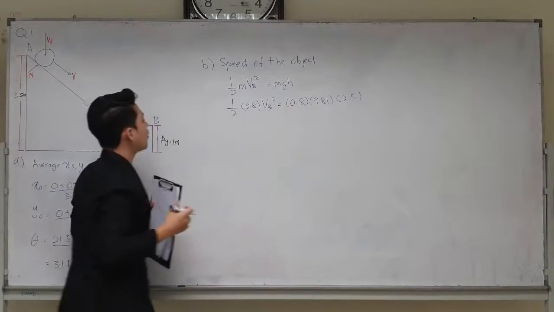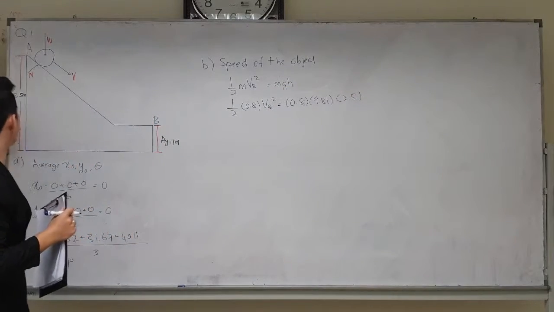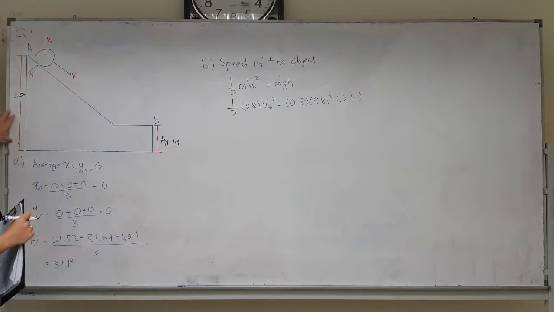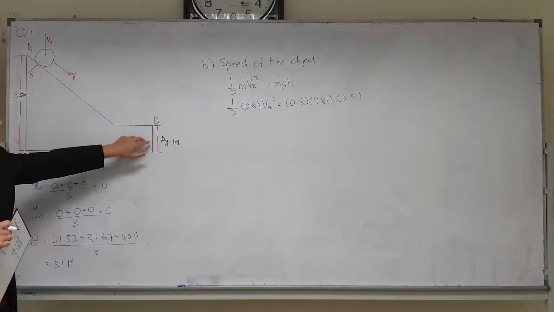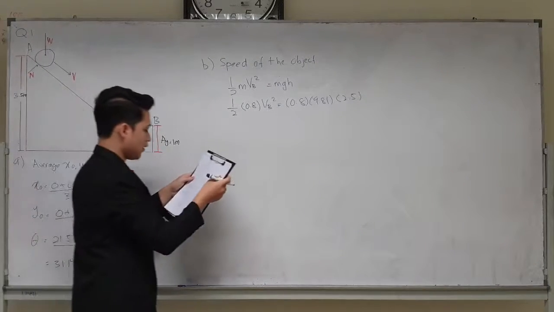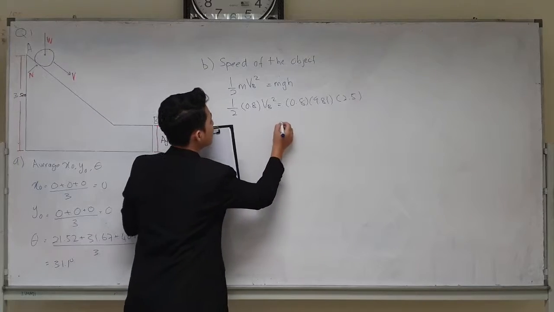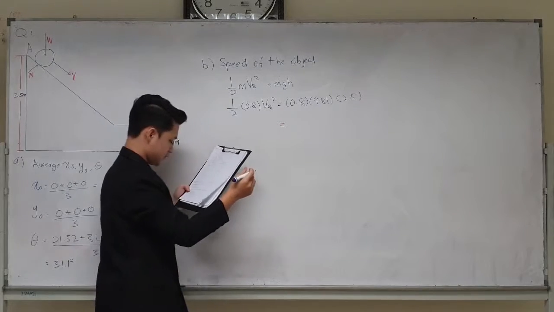The height of 2.5 is obtained by taking the height of 3.5 minus 1 meter at A. So we simply compute this.